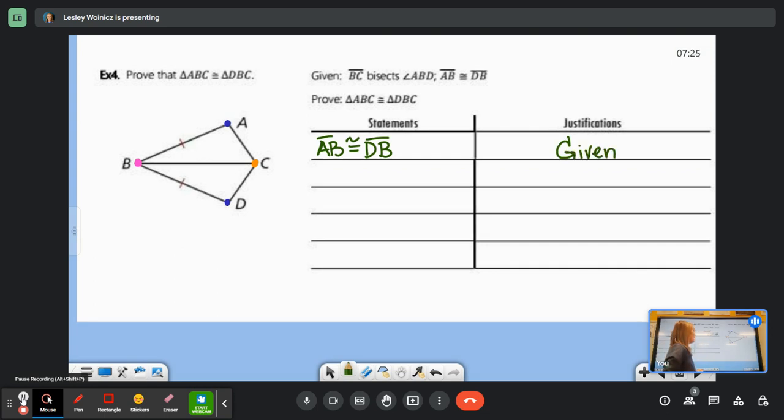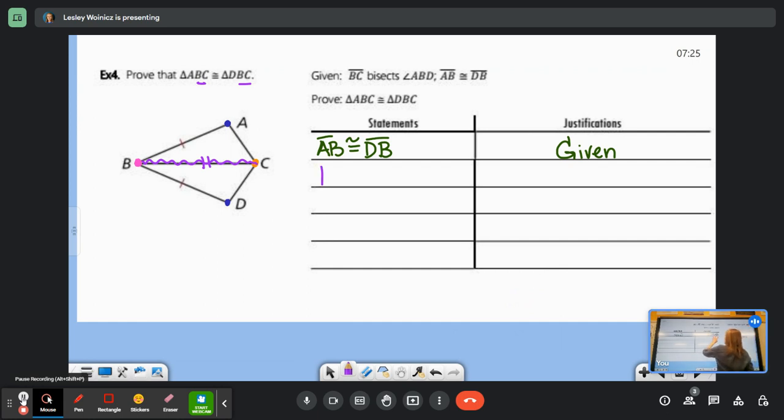Now I have another side. These triangles share side BC. Anytime your triangles share a side, that's like a present from the math gods. That side is congruent to itself. And it's in the same order, so I don't even have to worry about flipping the letters.